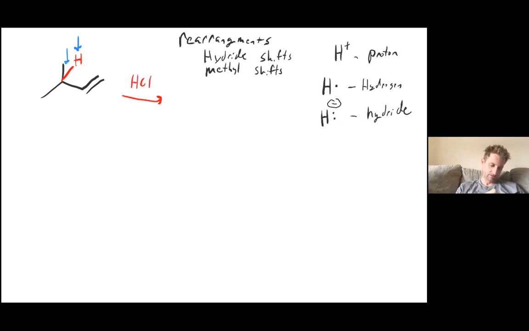Our double bond is going to pick up this proton. It's going to end up going to the less substituted center, so our positive charge goes to the more substituted center.